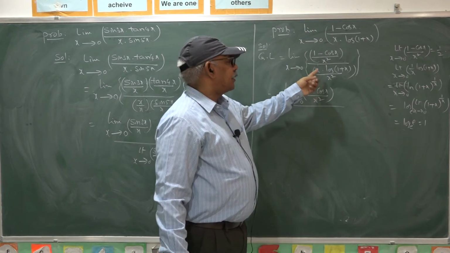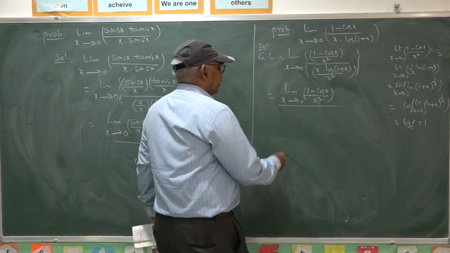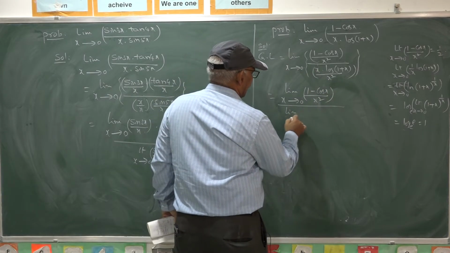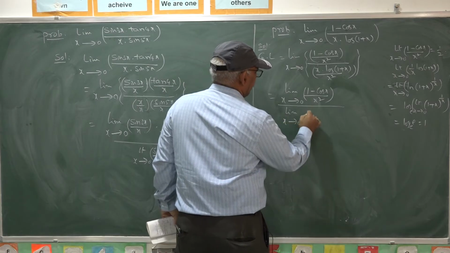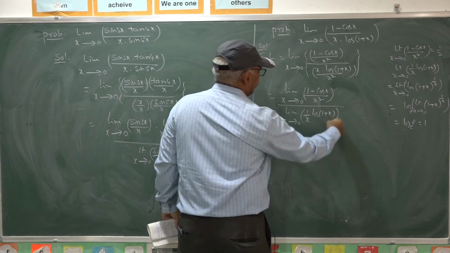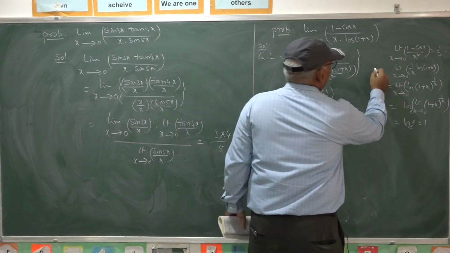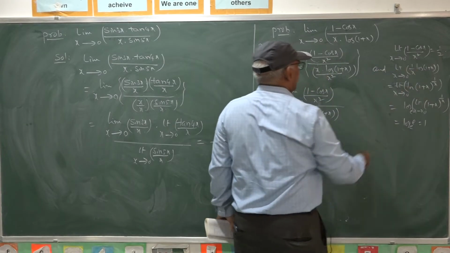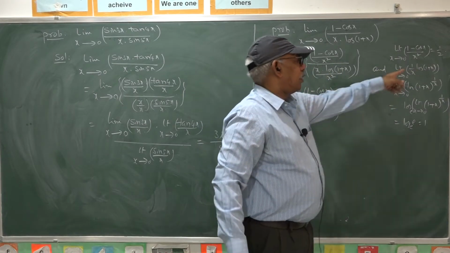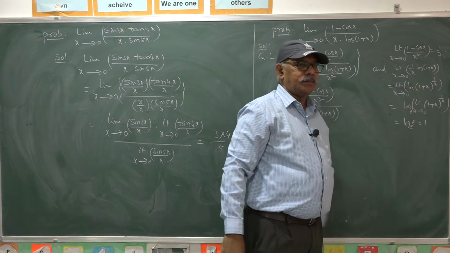And the denominator is, once you cancel one x here, the denominator takes the form 1 by x log of 1 plus x as x goes to 0. So, limit as x goes to 0, 1 by x log of 1 plus x is straight away 1.